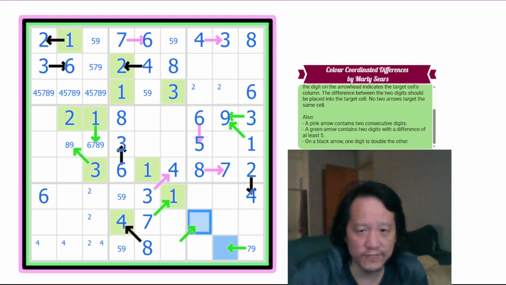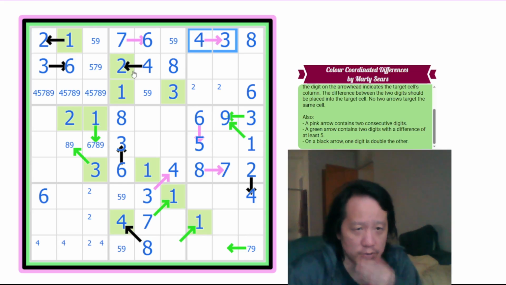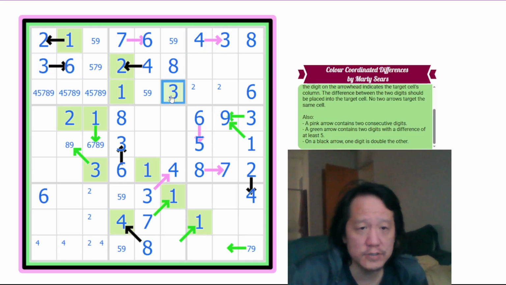Which means this is a difference of 1. So this is a pointed to cell. So this is 1. Okay, so we have 1, 2 pointing here, row 1, column 2, 3, 7, 6 pointing to a 1, 4, 3 pointing to 1, 3, 6 pointing to 3, 4, 2 pointing to 2.